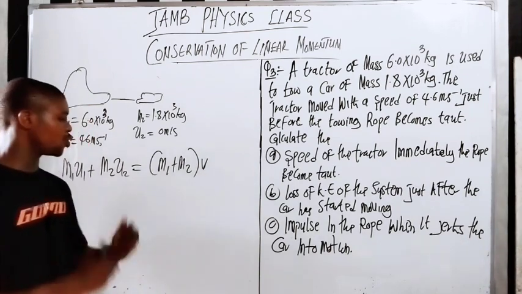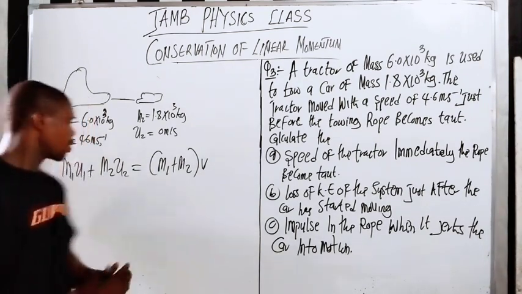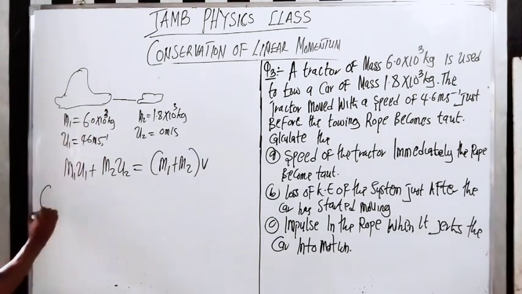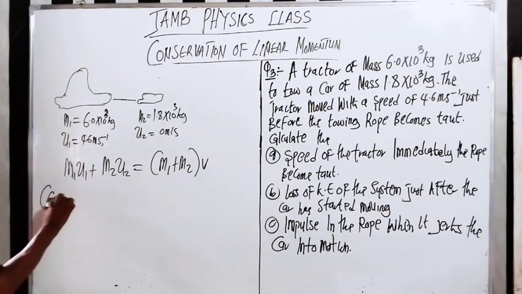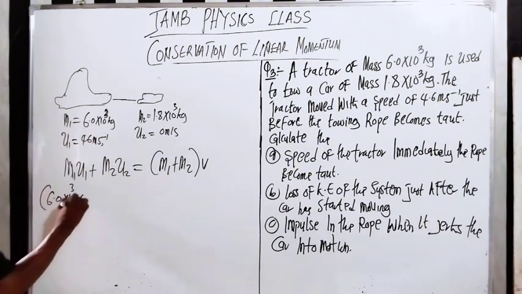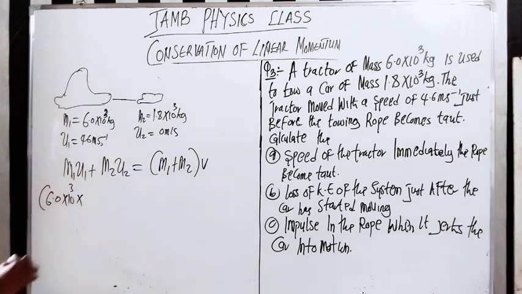So it is the common velocity you are calculating. My m1 is 6.0 × 10^3 times my u1, which is 4.6. Can you see that?